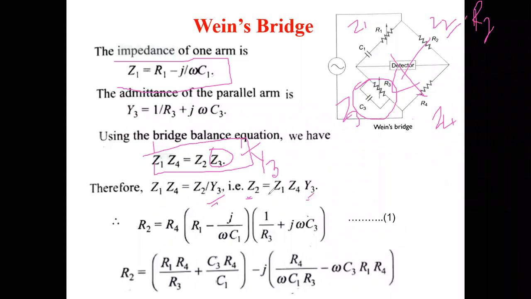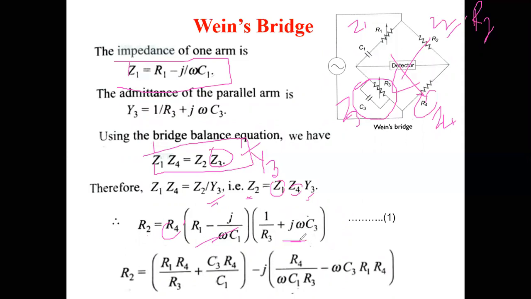Now substitute the impedance values. Z2 is R2, and Z4 is R4. In place of Z1 we replace R1 minus j by omega C1, and in place of Y3 we replace 1 by R3 plus j omega C3.